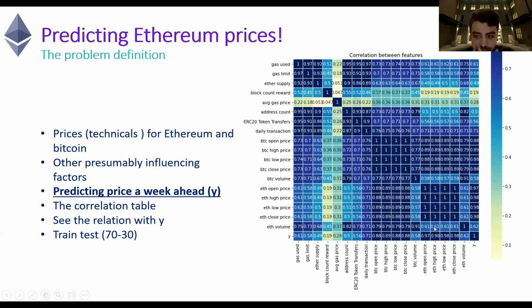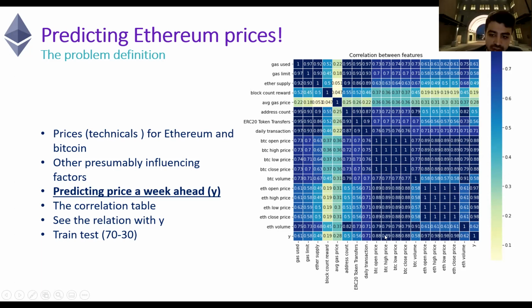This is a correlation table. If you look at it, Y is the price of Ethereum 1 week from a given point, and this data covers, I don't know, 4 or 5 years. You can see the correlations here. Obviously the price 1 week from now is super correlated with the current price. That was sort of a given.